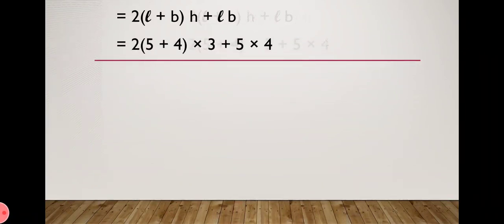Putting the values given, we get twice (5 plus 4) into 3 plus 5 into 4. Solving further, we get 54 plus 20, because 5 plus 4 is 9, 2 9s are 18, 18 3s are 54 and 5 4s are 20. That is equal to 74 meter square.